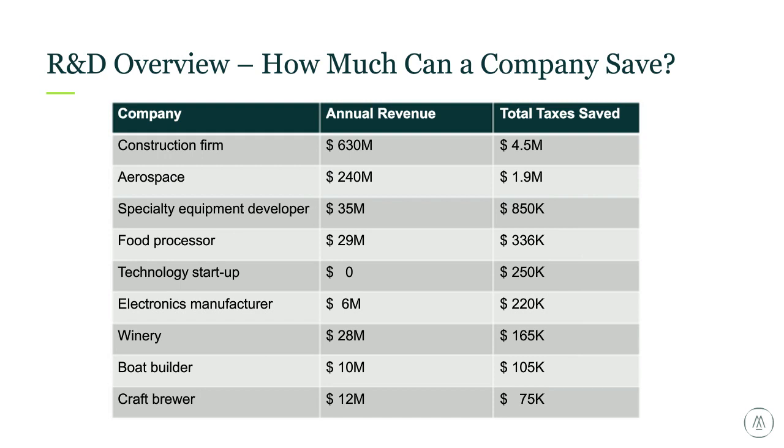I want to point out that the technology startup company has 0% revenue, but can claim up to a $250,000 credit, and I will discuss that just a little later. This is where the client can offset payroll tax liability instead of an income tax liability.